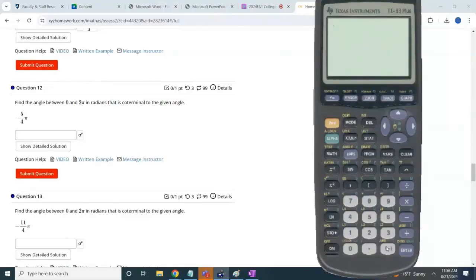Well, let me make it negative. -5 times 180, right? Because pi is 180, divided by 4. I get -225 degrees. So in order to find the coterminal angle for -225 degrees, I'm going to do what? Add 360.